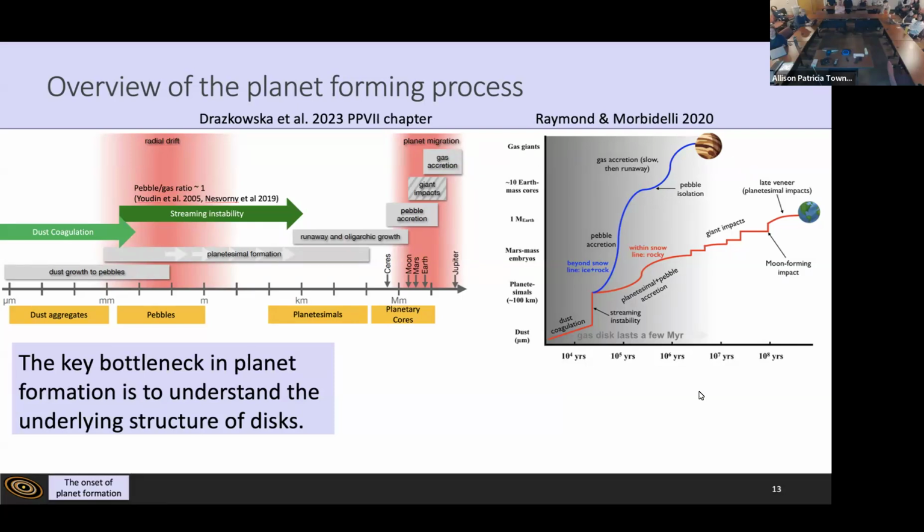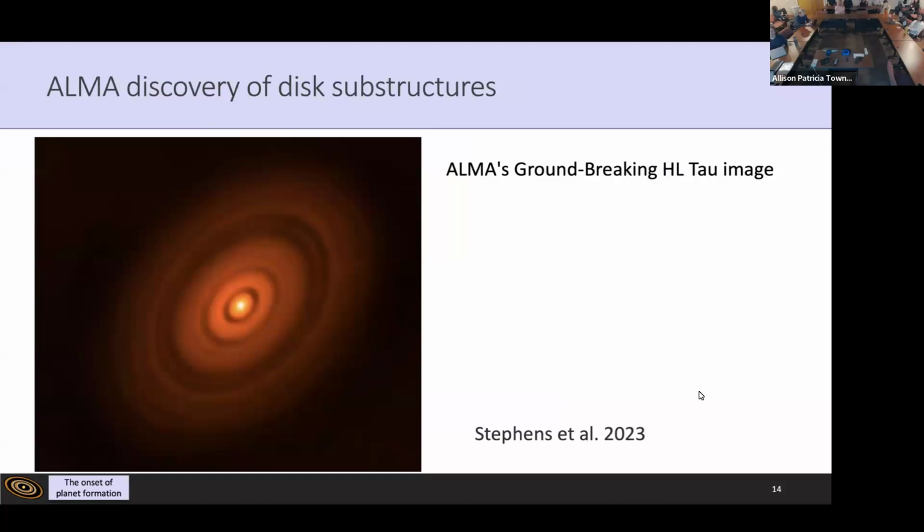To see how planet formation is in progress, we need to look at the protoplanetary disk, which is where these protoplanets are formed. So in 2014, there was a groundbreaking HL Tau image showing a lot of substructures. This is the most updated version from Ian Stephens' 2023 observations with ALMA, with 25 hours of integration time.